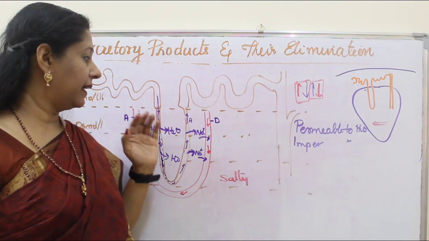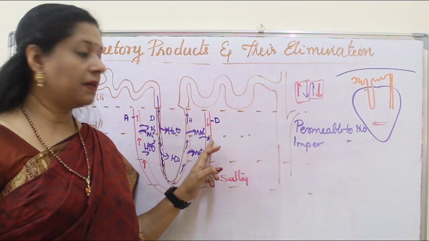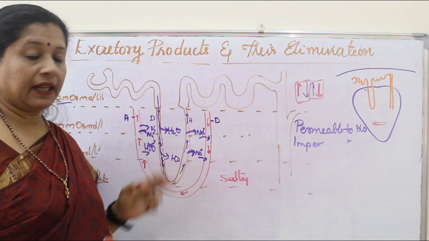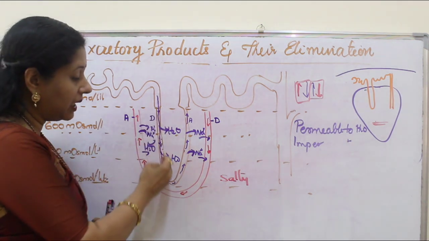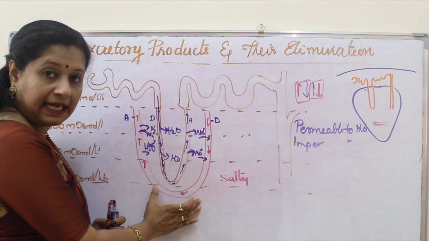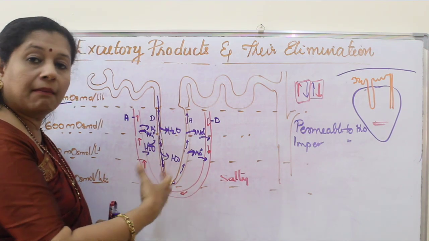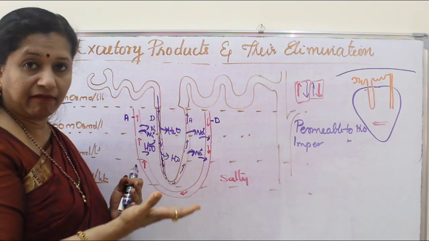Now you must be wondering why this is happening, because the loop is giving out sodium and that sodium is taken by the vasa recta and brought here, right? So there is a reason for that. Though we said the water will come out, because we need to make the filtrate concentrated as it moves towards the inner side, water will come out only when there is a concentration gradient, because it is passive movement.